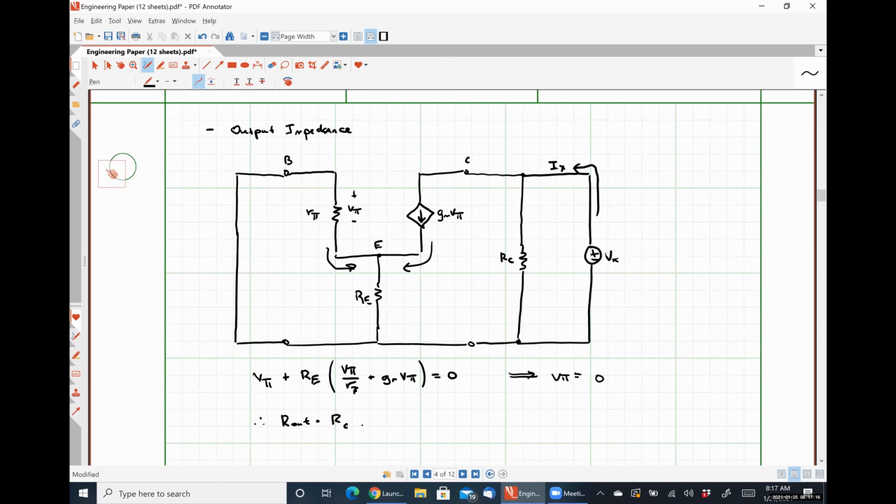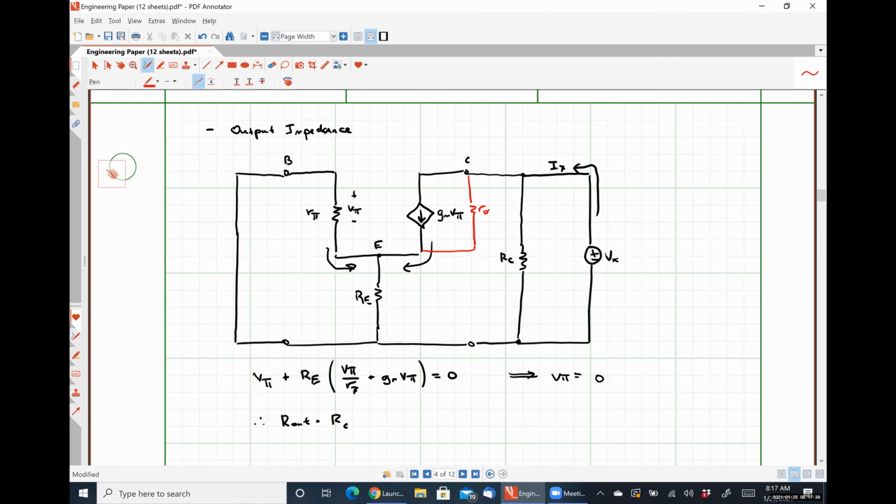Now, if the Early effect were included, it would have some effect. That's because the resistor from the Early effect would be placed, I'm going to draw it in a different color here, right there.